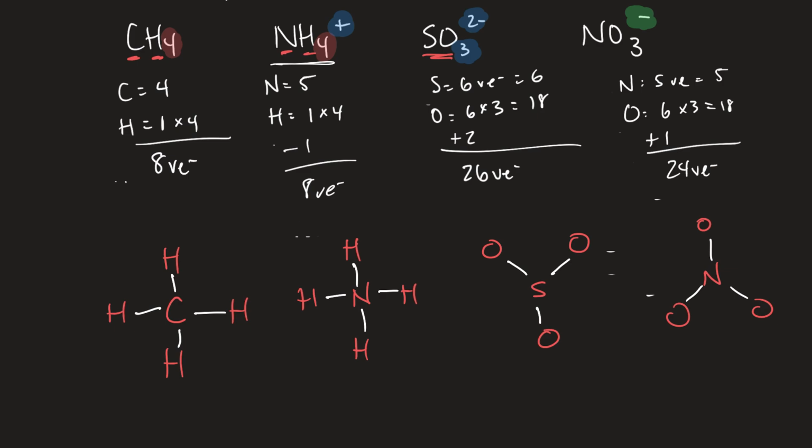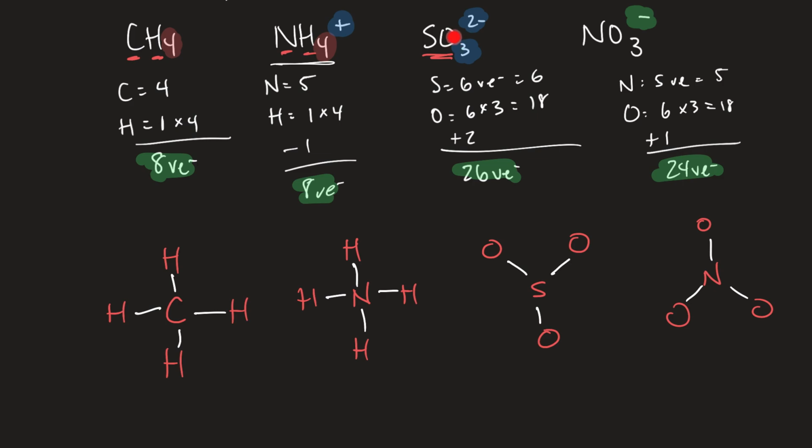Now, overall, I want to tell you this: when you draw the Lewis structure, it needs to portray the same number of valence electrons that you counted in the very beginning. For example, methane, by the time I'm done, is going to show 8 valence electrons. The ammonium ion is going to show 8 valence electrons.